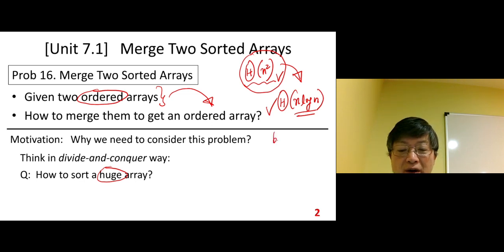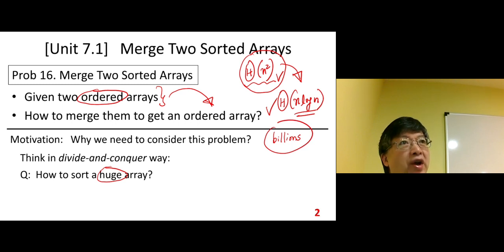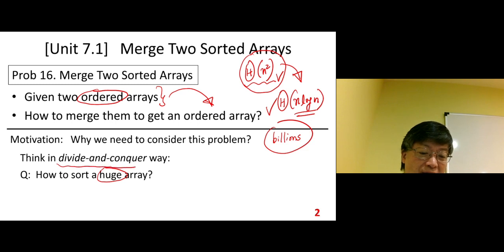So let's think about the billions category. That should be huge, right? How can you sort an array with billions of elements? Can you do divide and conquer?